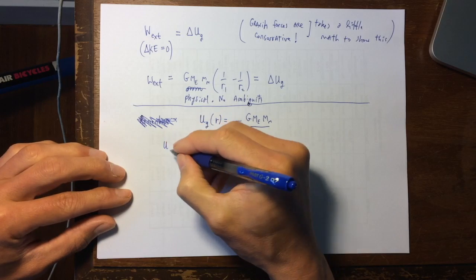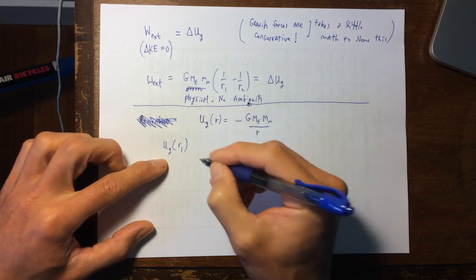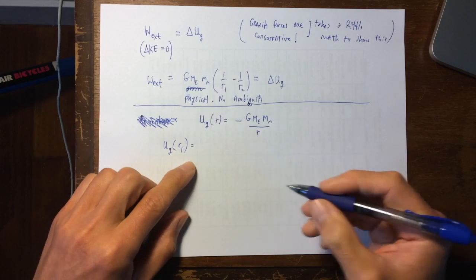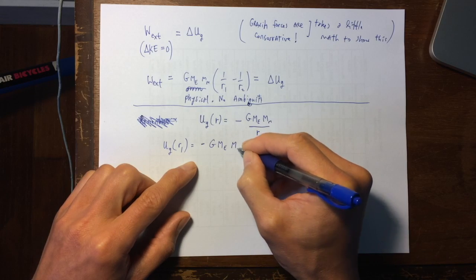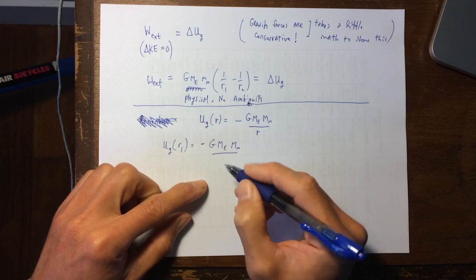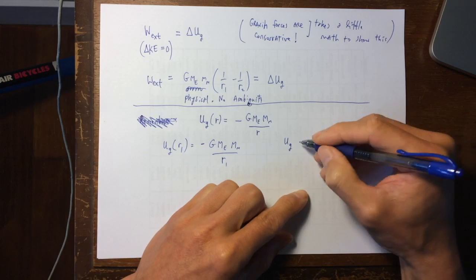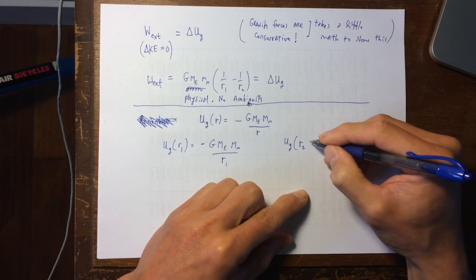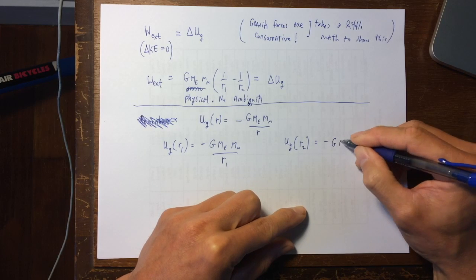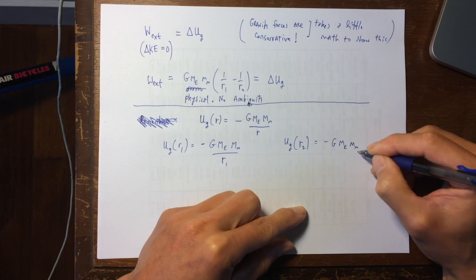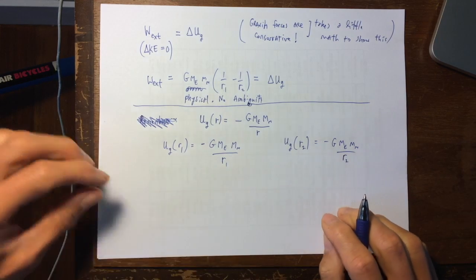So U sub G at R1 is equal to minus G M_E M_M divided by R1, and U sub G at R2 is equal to minus G mass of Earth, mass of Moon divided by R2.